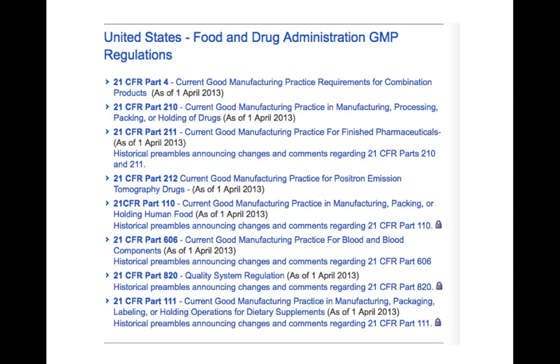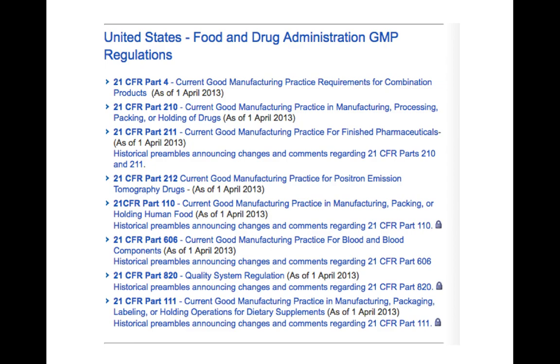Let's see. So here's an example of the actual regulations for good manufacturing practices. These are all found in the Code of Federal Regulations Title 21. But depending on the product you're making, right, you have a different set of regulations. So, CFR Part 210, right?